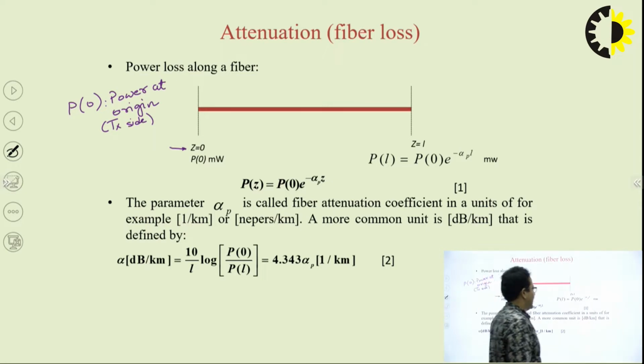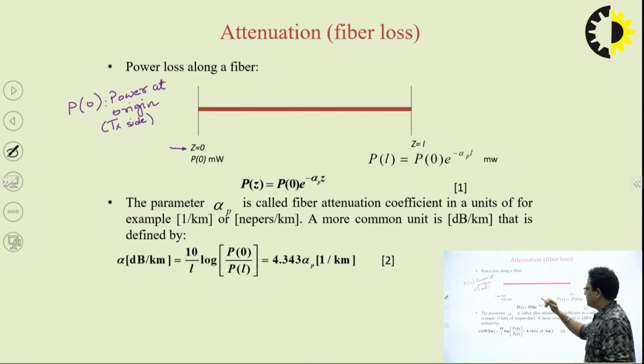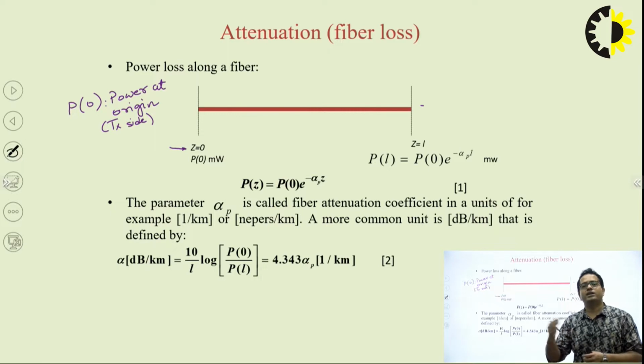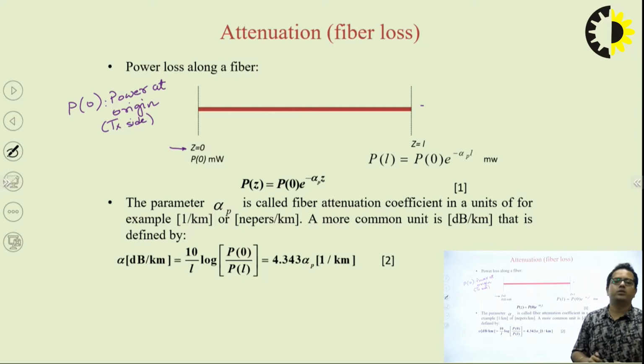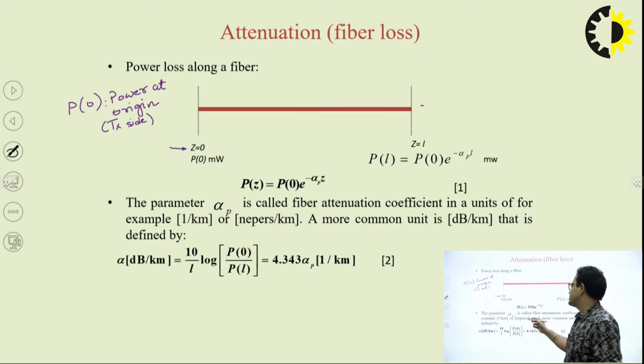Now we want to calculate the power at some distance apart from the origin, and we are considering that distance as L. That means the origin is Z equal to 0, and at some distance L apart from that origin, we want to calculate the power. So we will substitute Z equal to L. Actually, this is PZ.